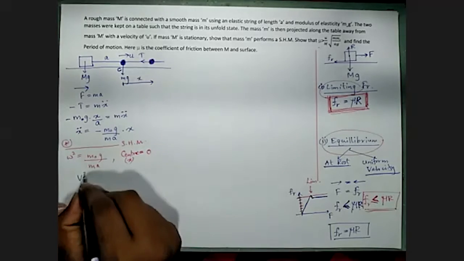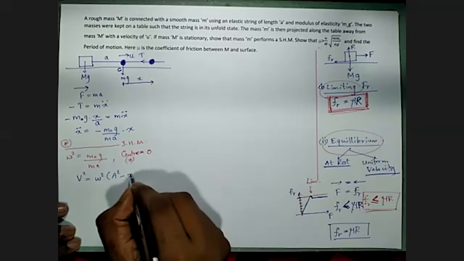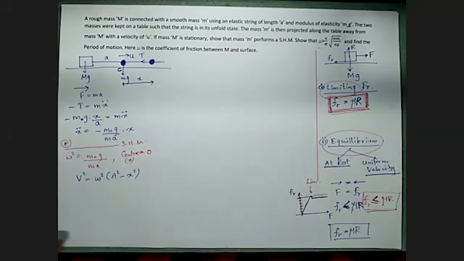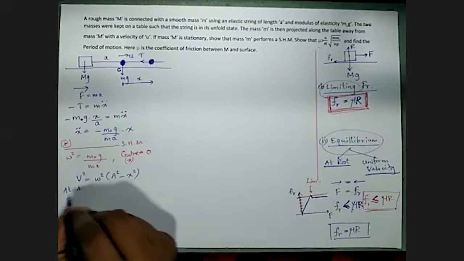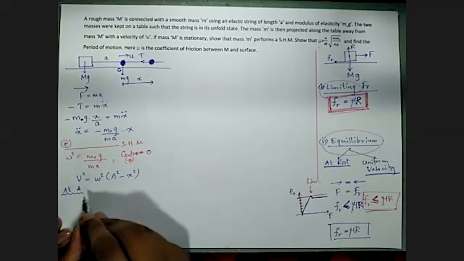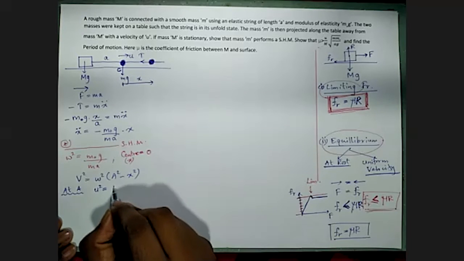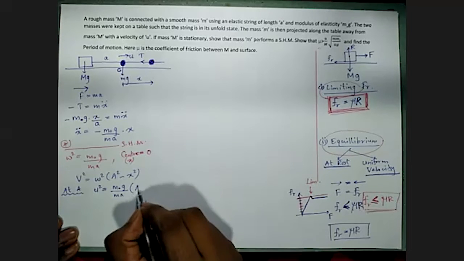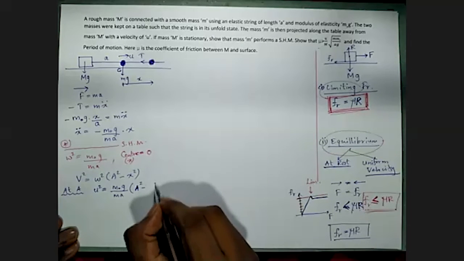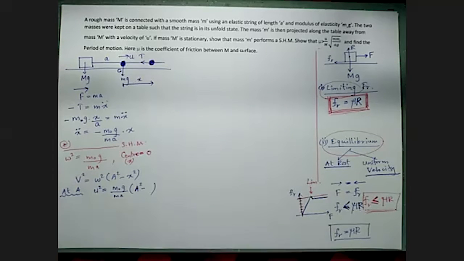I'm going to apply v square equal omega square times amplitude square minus x square. Where do we know the velocity? At center, it is given in the problem. Velocity is u, its square is taken. Omega square is m naught g over m A into amplitude capital A. Now what is the separation between point A and center of our motion?